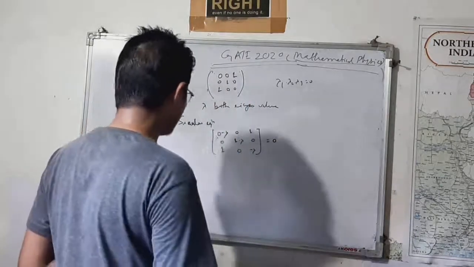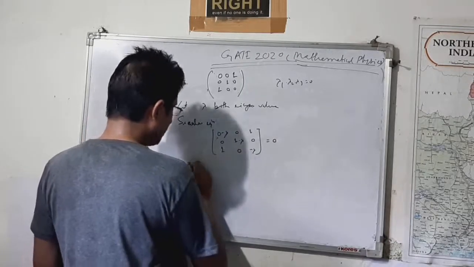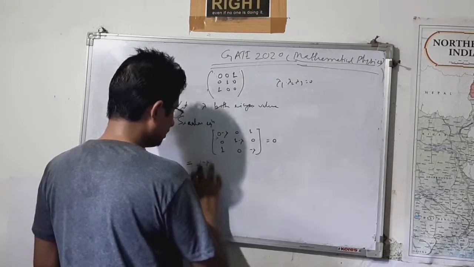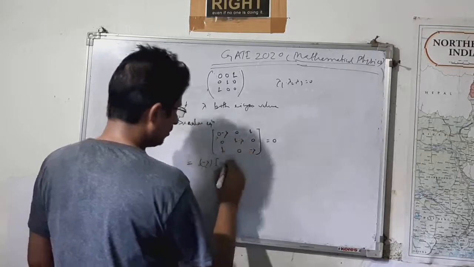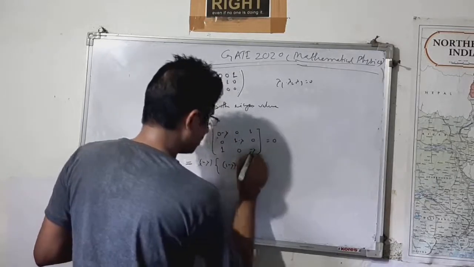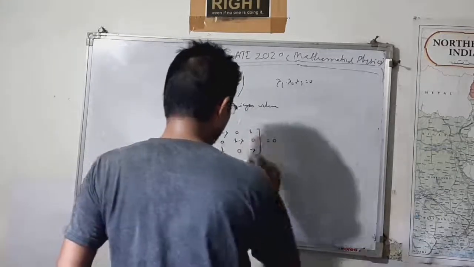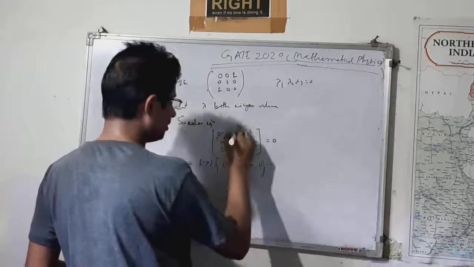So you have to calculate the determinant. Minus lambda into (1 minus lambda) into minus lambda, minus the second term, which is 0 because this entry is 0.